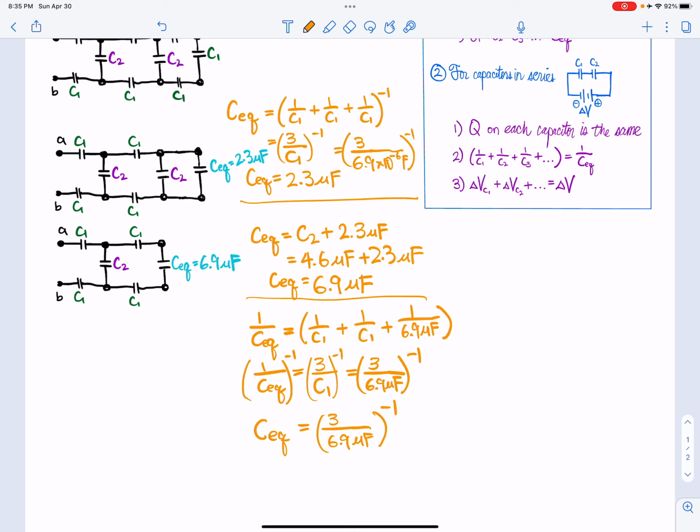And that will be equal to, again, 2.3 microfarads. So C equivalent equals 2.3 microfarads.